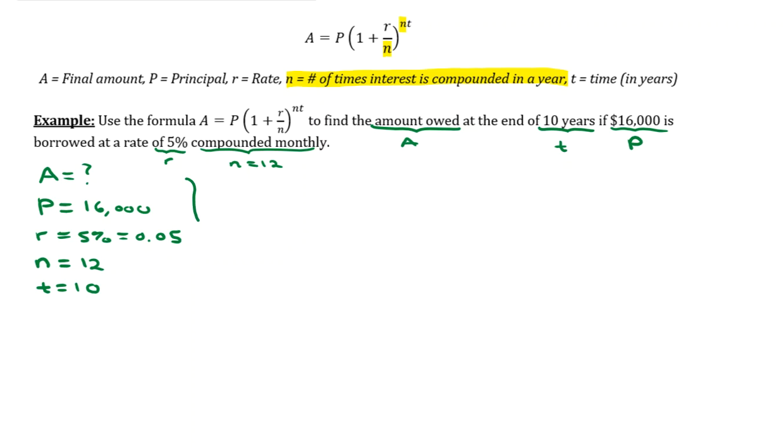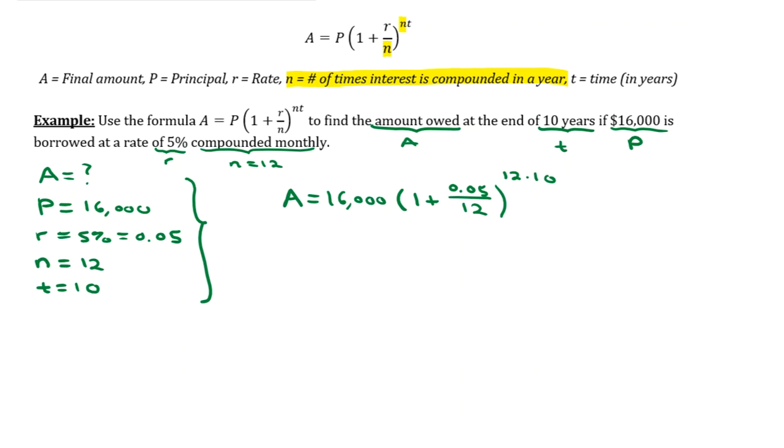Okay, so what are we going to do with this information? Well, we're going to plug it into our compound interest formula. A equals, our value of P is 16,000. Now open up that set of parentheses. We're going to write 1 plus the decimal version of the rate, 0.05 divided by 12. And we're going to make a power on this quantity here, and that power is going to be 12 times 10.